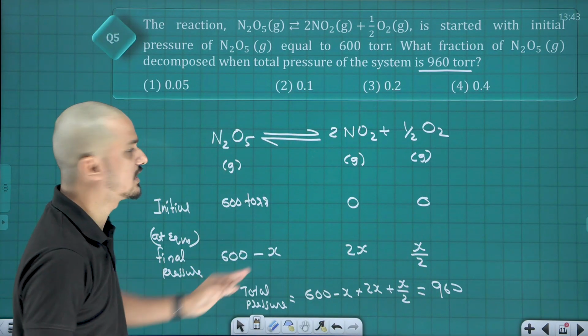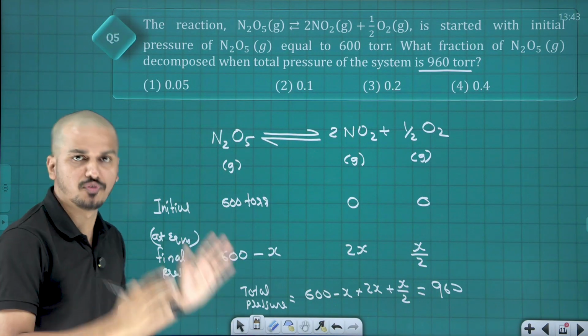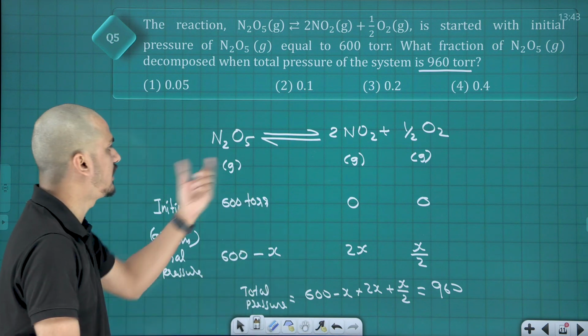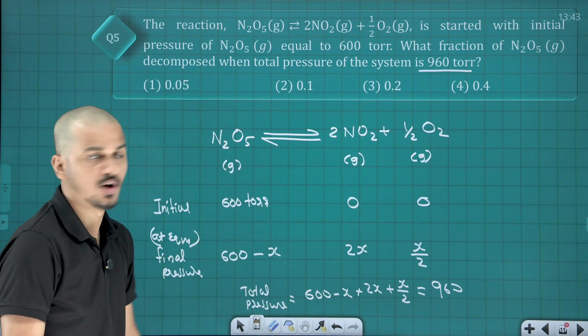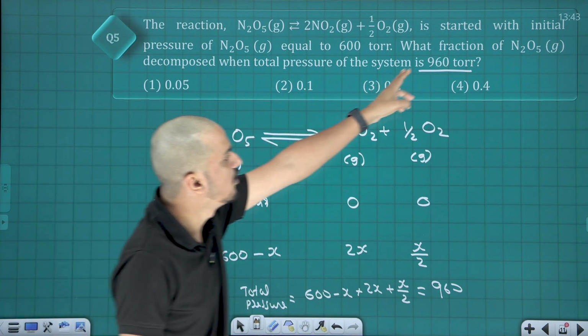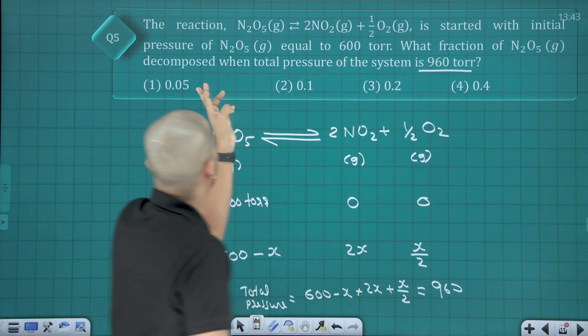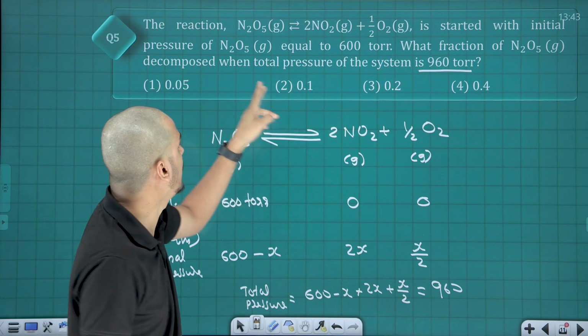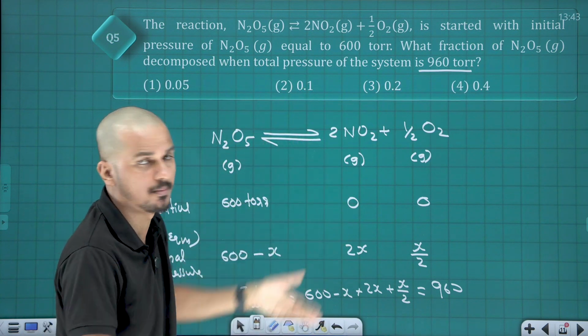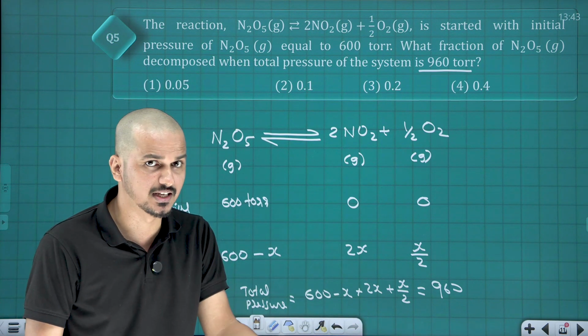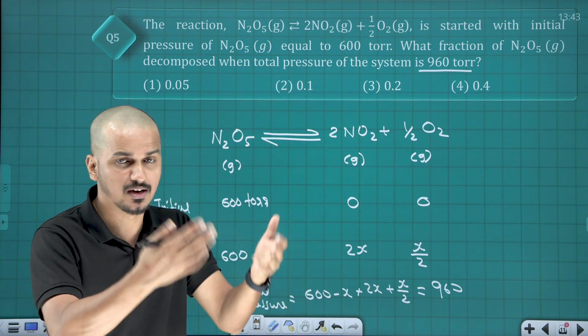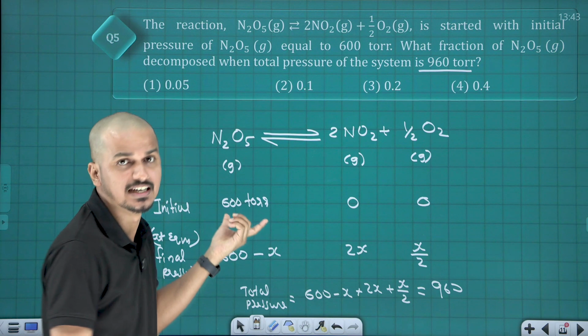So what's the question? That means 240 torr of N2O5 reacted. They are asking what fraction of N2O5 decomposed. What does fraction mean? Reacted divided by initial.